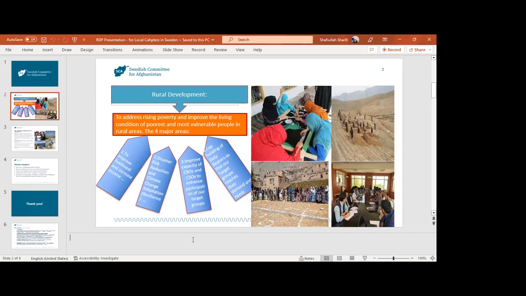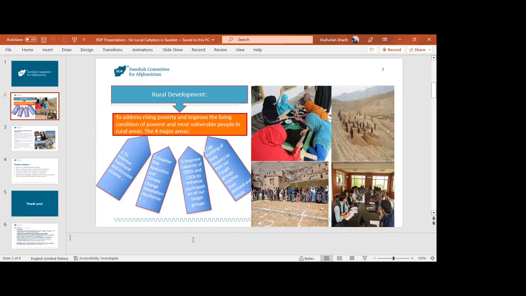The third area is about the capacity building of community-based organizations and civil society organizations. We are working with them to enhance participation of our target group. Here, we are working mainly with CDCs, for example, local shuras and elders.